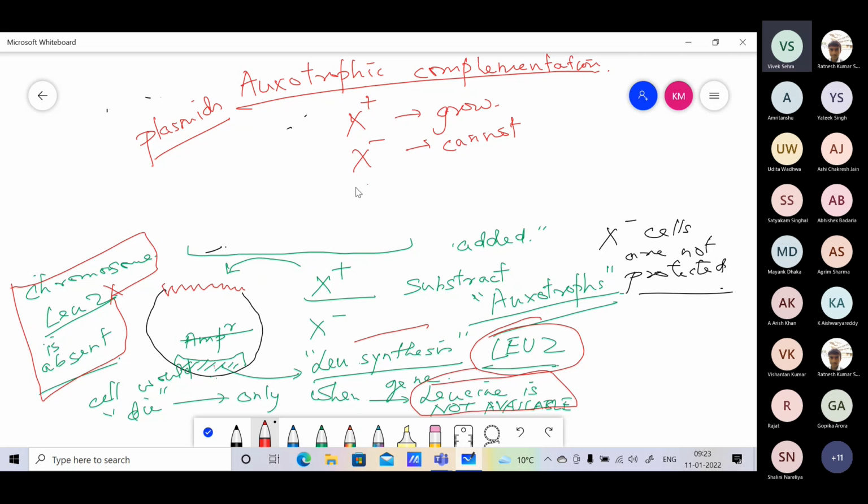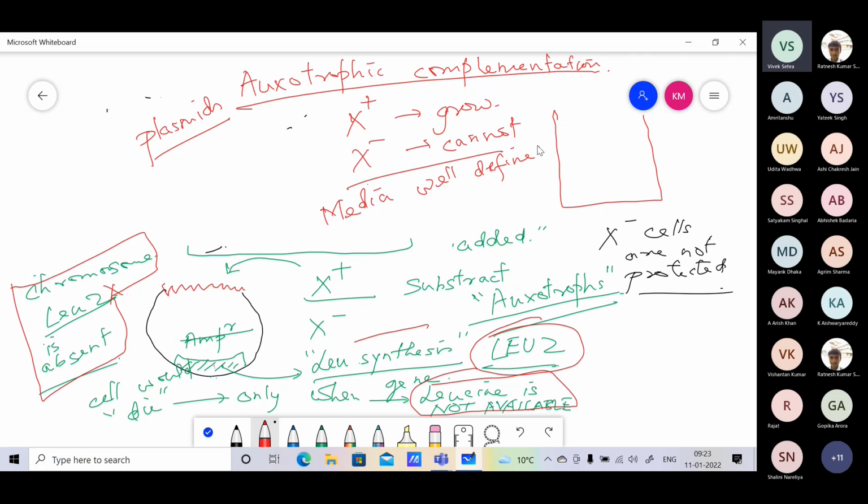Now, obviously, when leucine is not available, X minus cannot grow, X plus can grow, and therefore your plasmid has a selection marker. Now, this leads to very interesting and peculiar problems in actual fermentation technology. And this is the following: it really means that your media has to be well defined.